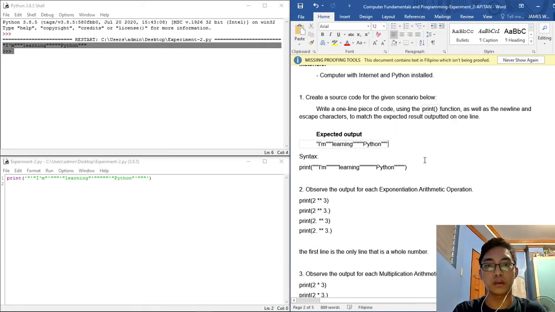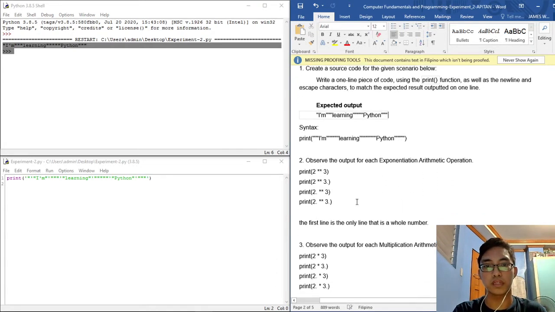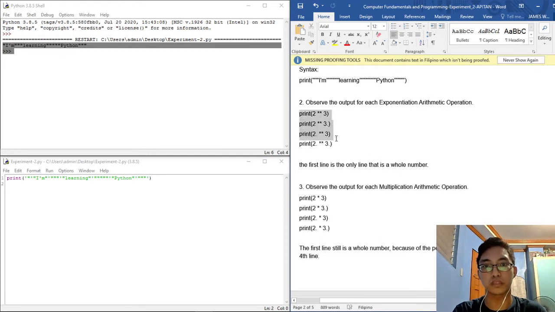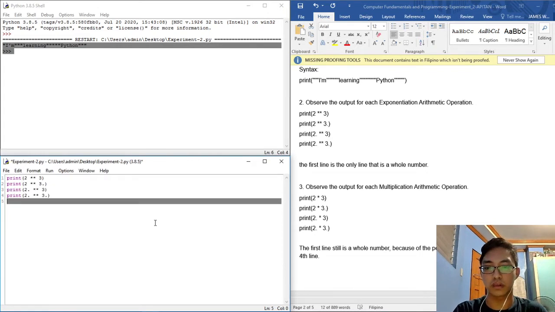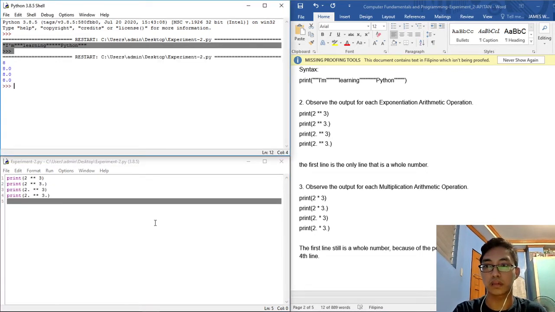Next, we'll use the exponentiation arithmetic, and we will see what the result will be. Like so. As you can see, the first line is all integers, so the result will be an integer.